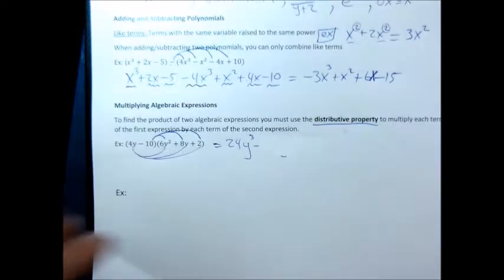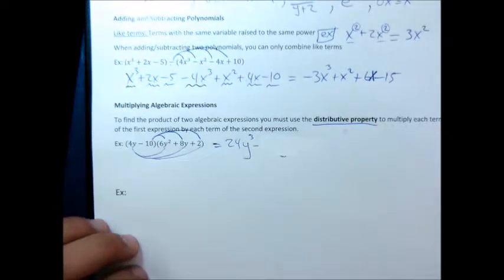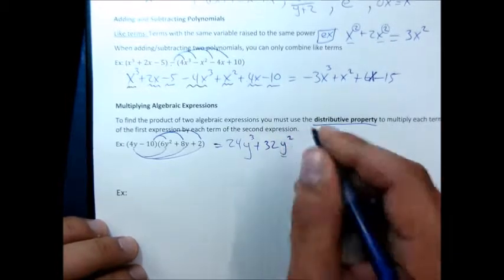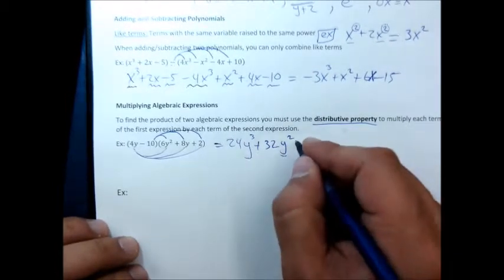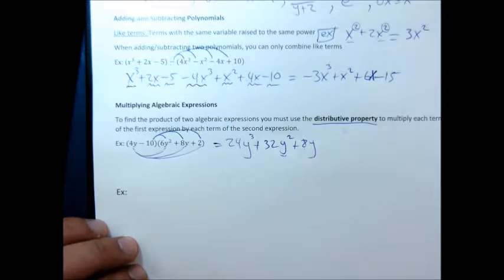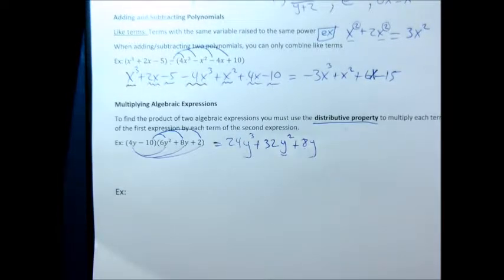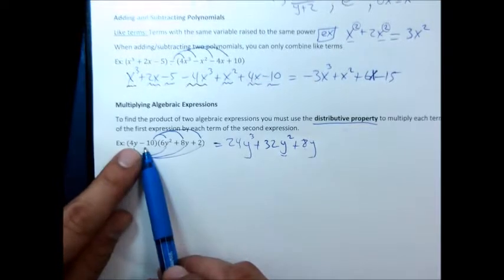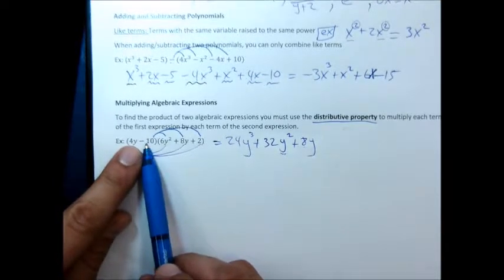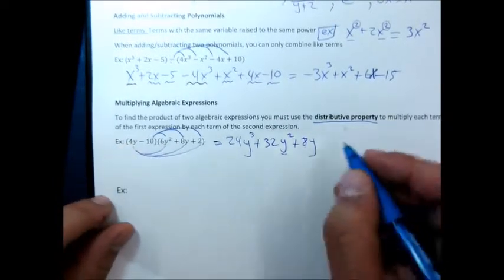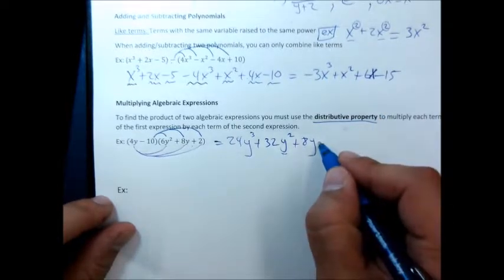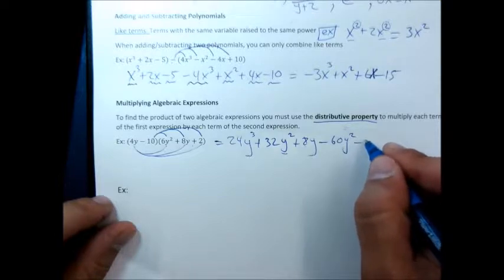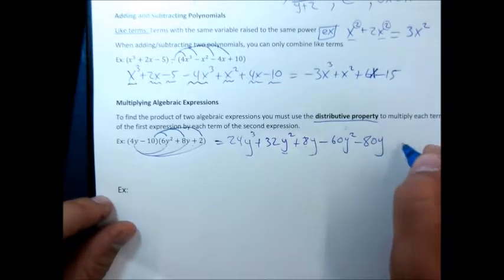We get 24y cubed plus 32y squared, 4 times 8, yep, and then plus 8y. So that's multiplying the first one through. And then we multiply the minus 10 through. Don't forget that this minus sign comes along with the 10, and so it's going to switch all the signs in the next one too. So we'll have a minus 60y squared, a minus 80y, and a minus 20.